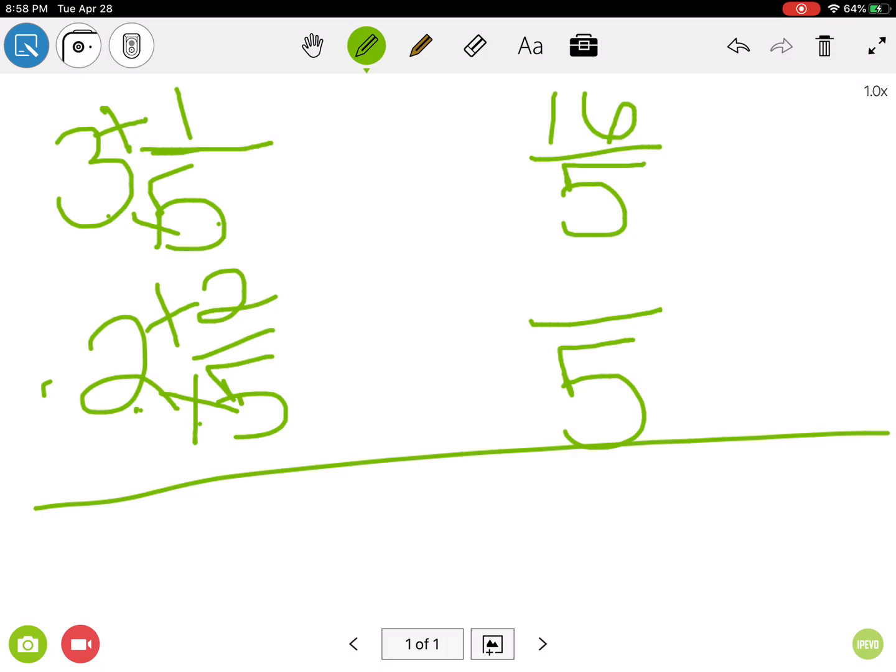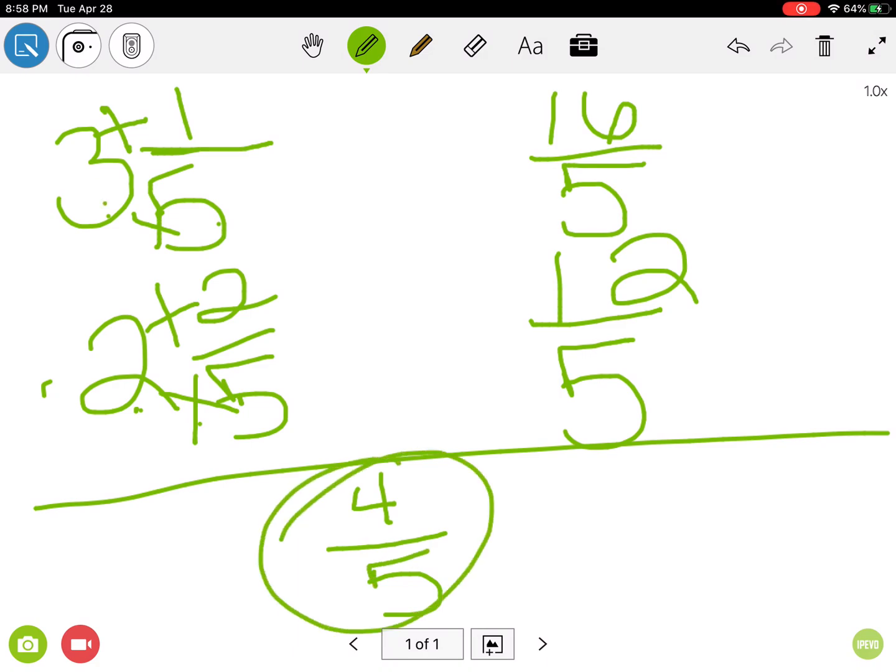Plus 2 is 12. Do your subtraction. 16 minus 12 is 4 over 5. And that's it. 4/5. Done and done.